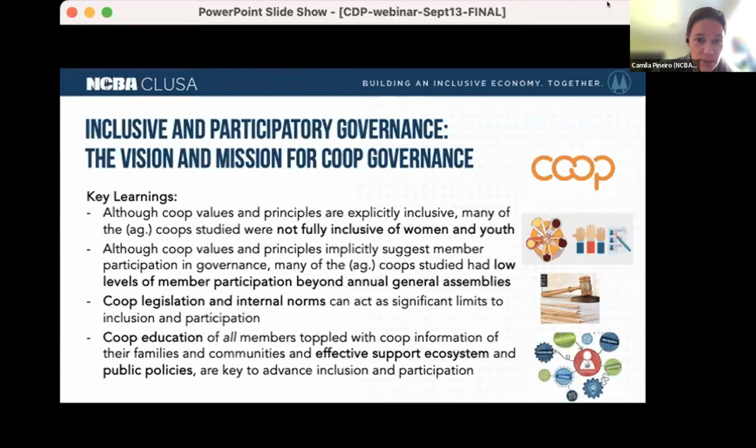So in terms of the learnings around inclusive and participatory governance, as those who understand cooperatives know, governance is the core of cooperative organizations. And the challenges are given the fact that they have this dual character, as Abel was saying.